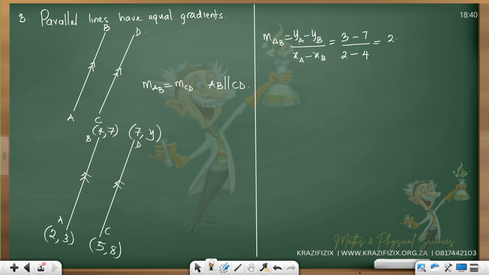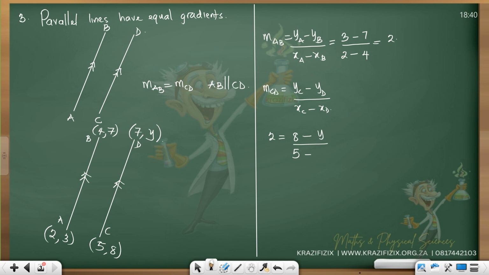Good. Then we go to the next line, CD: YC minus YD over XC minus XD. But these gradients are the same, so I already know this is 2. What is the Y value of C? 8. What is the Y value of D? Y. What is the X value of C? 5.